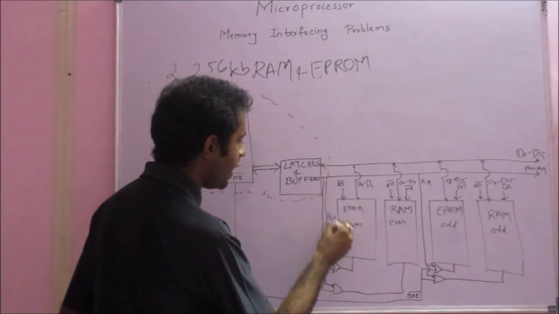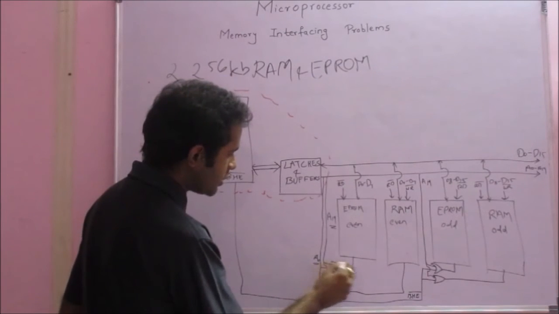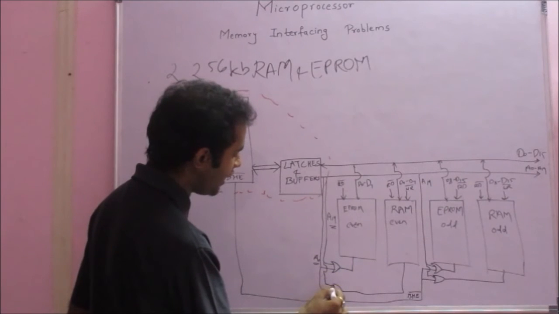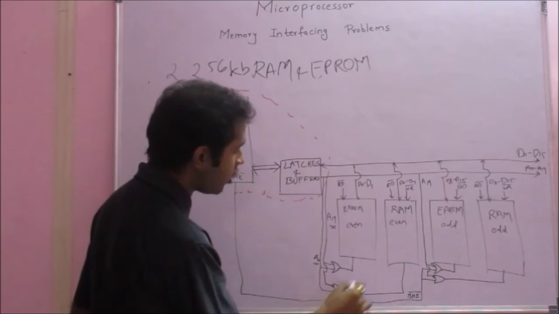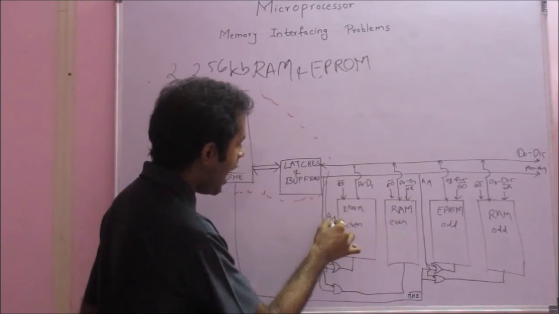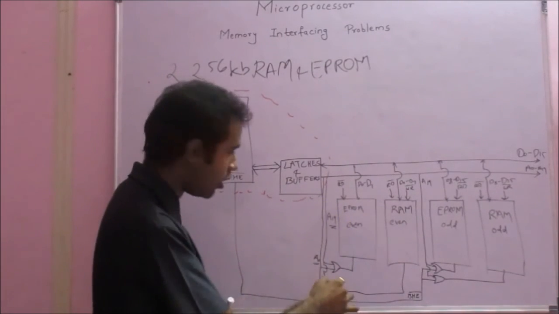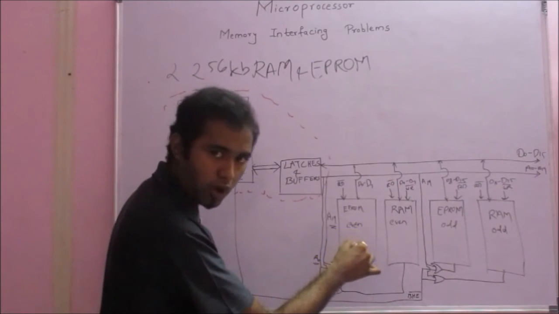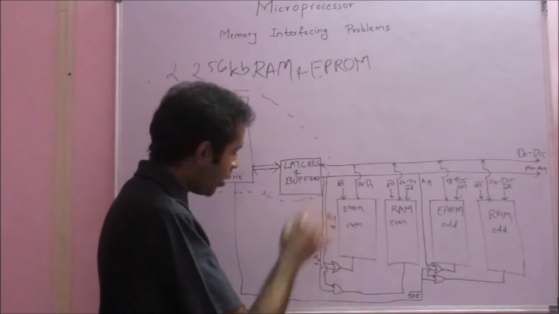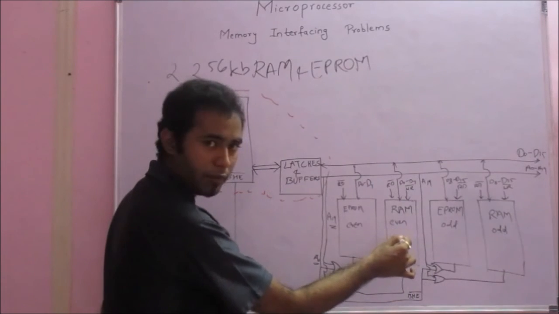So the same logic is being used here. The A19 line is being given to an AND gate along with A0 to select an even bank of EEPROM, while the same A19 is being negated and given to an AND gate with A0 to select an even RAM. I would again repeat it: A19 address line is connected to an AND gate along with A0 to select the even EEPROM, while A19 is being negated and given to an AND gate with the A0 line for the even RAM.